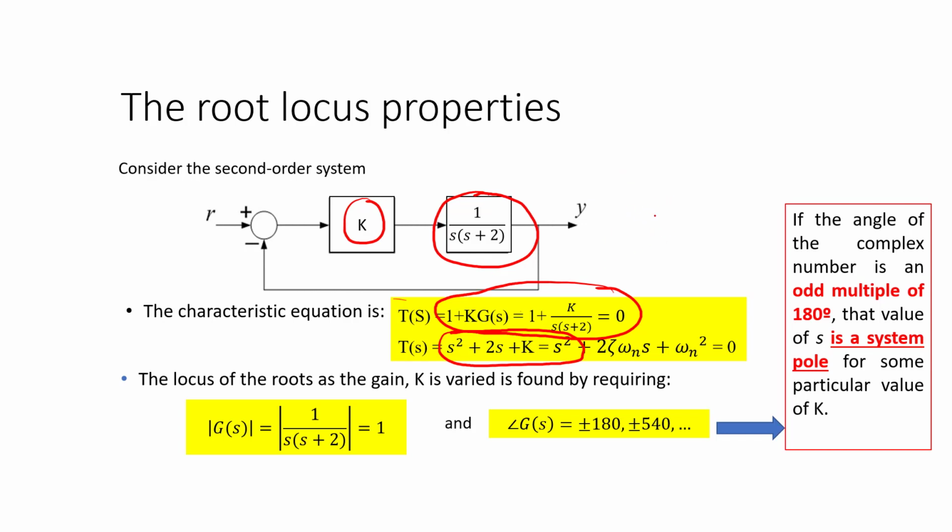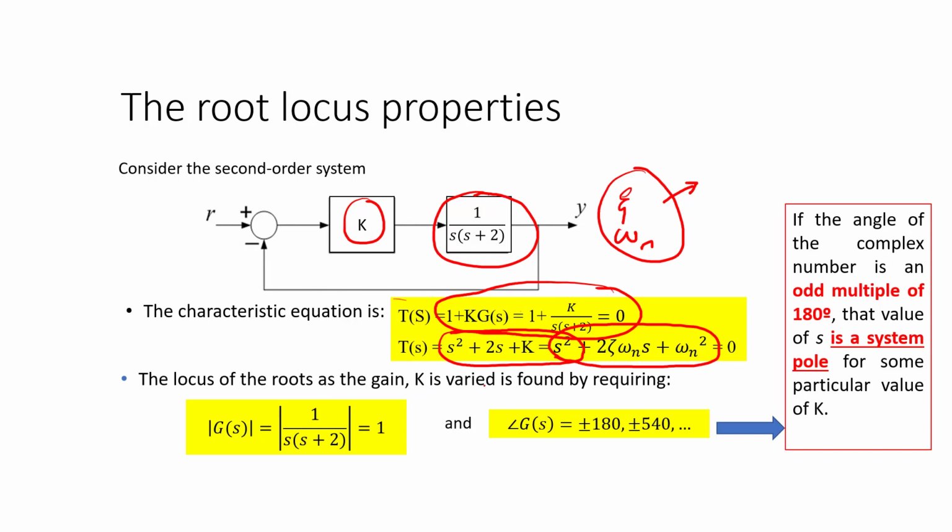From the denominator of the characteristic equation, we can find the natural frequency omega n and also the damping ratio. So we can know the effects on the system, and also we can vary these parameters for the system response.